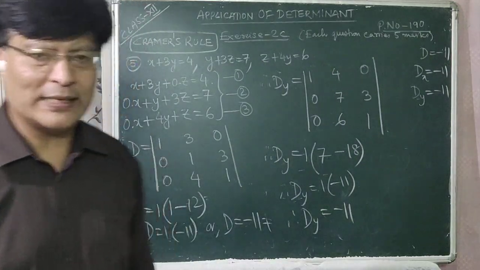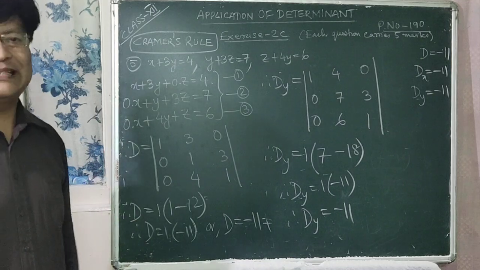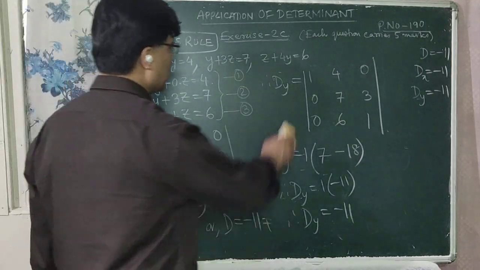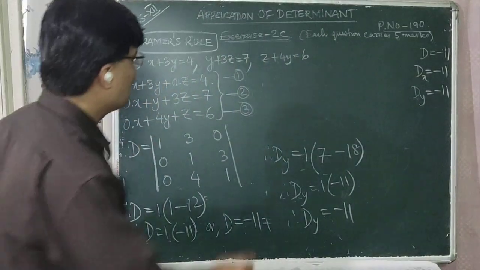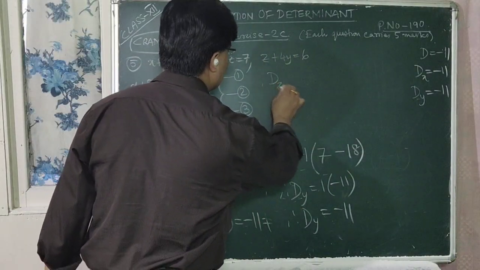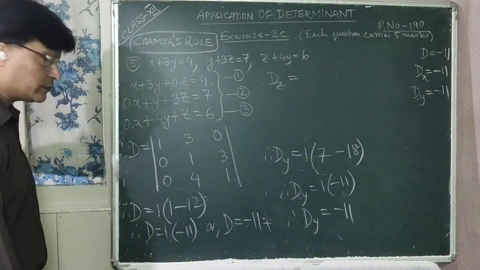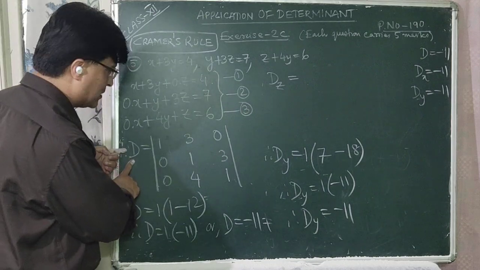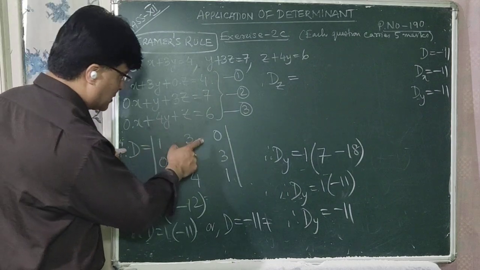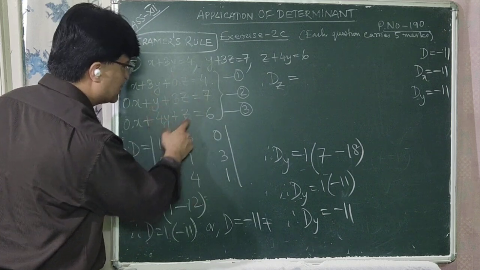Now you have to find out the value for the determinant dz. Okay? So let us find out dz now. How can we find out the determinant dz? In determinant d, you know that this third column 0 3 1 are the coefficients of z.